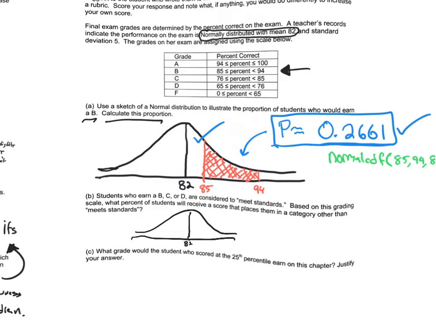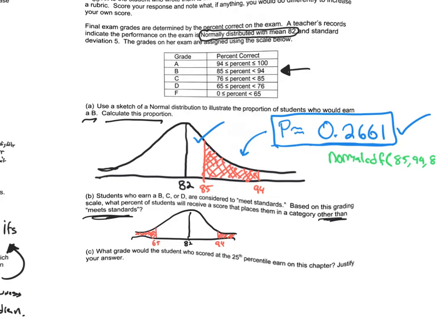Other than meets standards means they are getting an A or an F, right? So it's going to be people that are 94 or better, and we're also going to include the people who are getting a 65 or less. Okay, so we're going to be doing both of those.